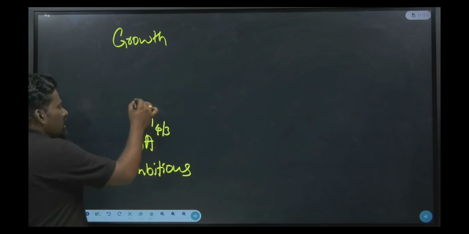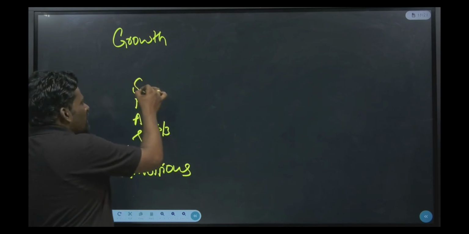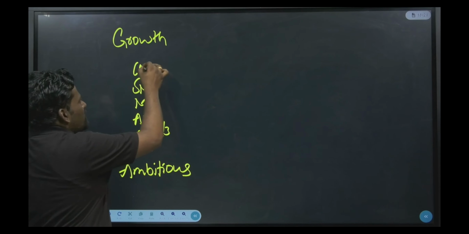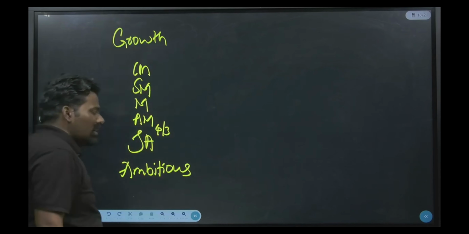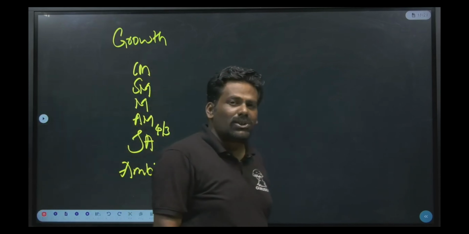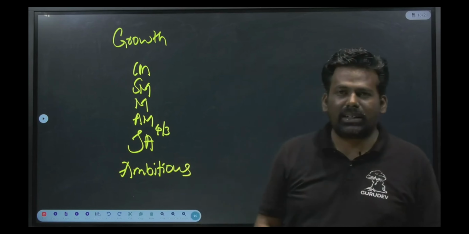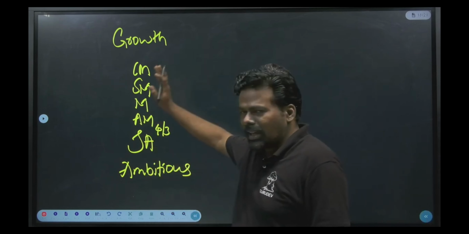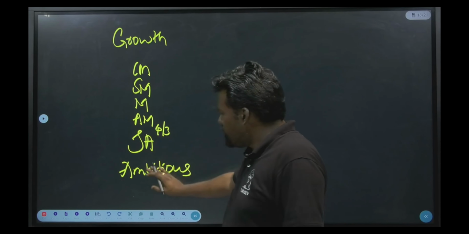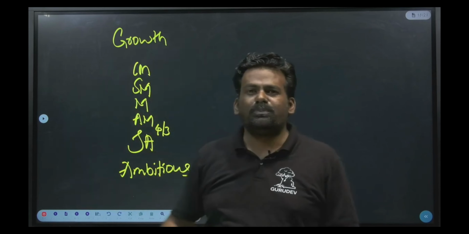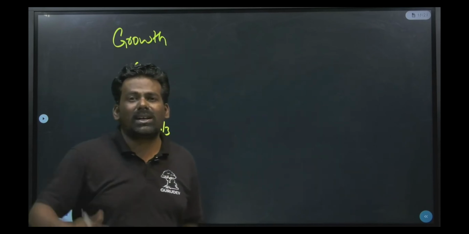From assistant manager you can become manager, then senior manager, then chief manager, then you can become the MD, managing director of State Bank of India also. The ladder is like this. This is for such people who want to go to higher positions or higher cadre.